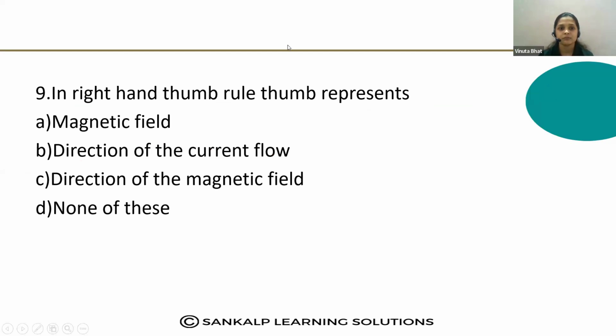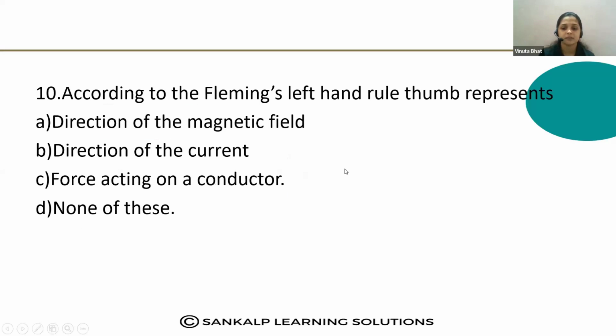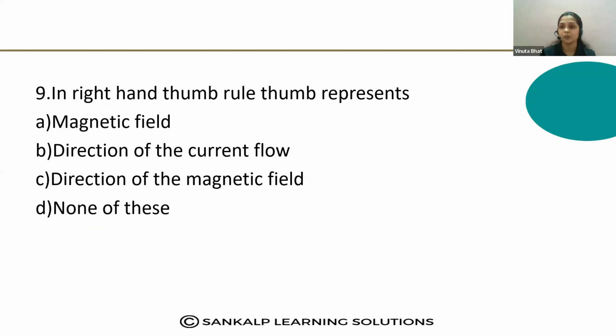Next question. In right hand thumb rule, the thumb represents a magnetic field, direction of the current flow, direction of the magnetic field, none of this. So what does it represent? You know the right hand thumb rule, right?